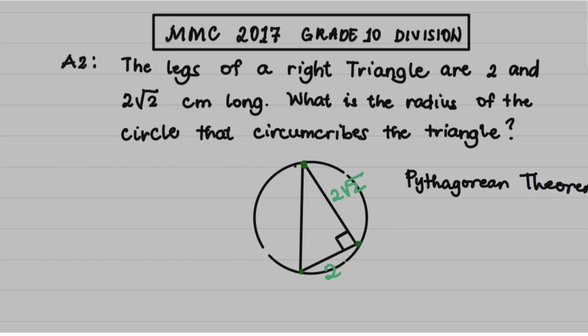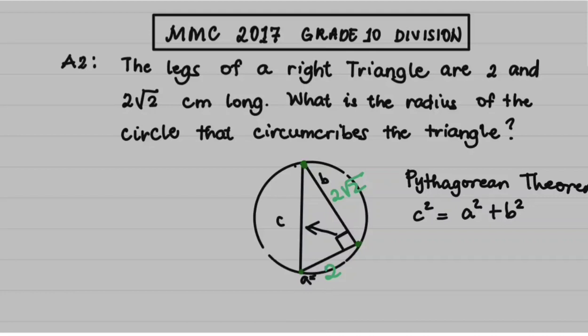The Pythagorean theorem states that the longest side, which is opposite 90 degrees, is our hypotenuse, denoted as C. We can denote this one as A and this one as B. The square of the longest side should be equal to the sum of the squares of the two shorter sides.